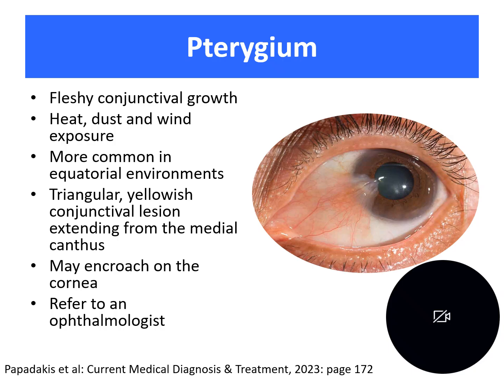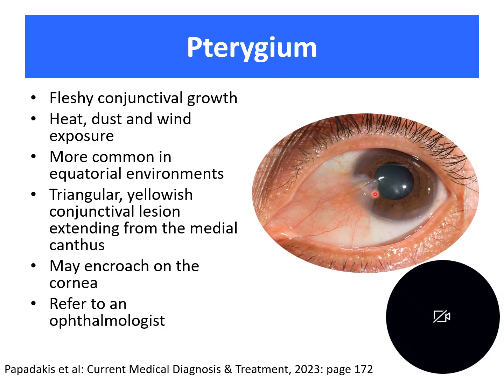Risk factors include chronic exposure to hot climates, dust and wind exposure. It's more common in equatorial environments or tropical environments like in the southern part of the United States. On examination of the eye, here is what you're going to see.